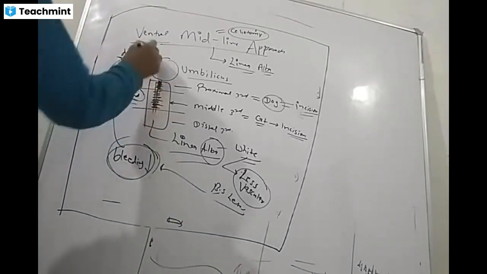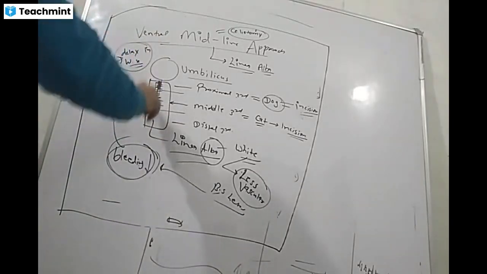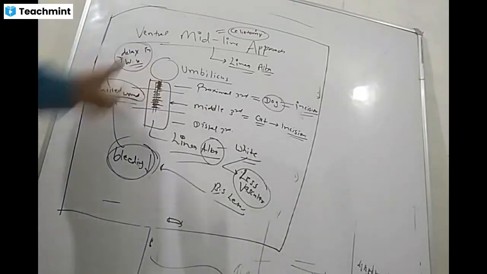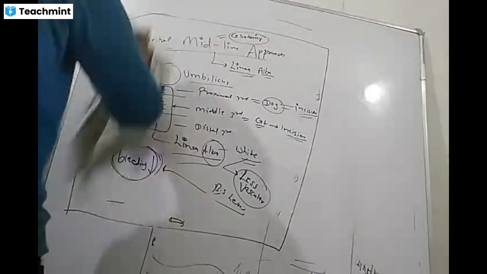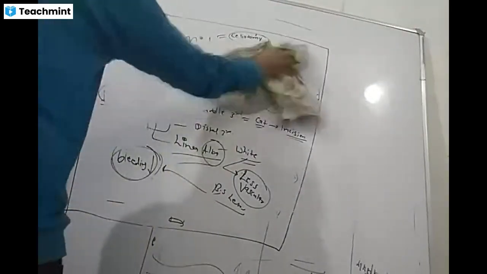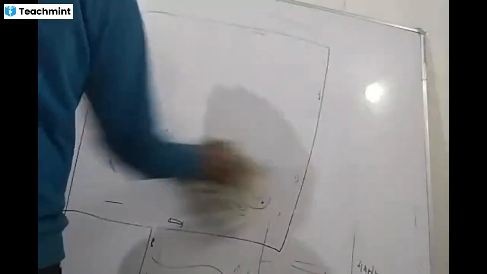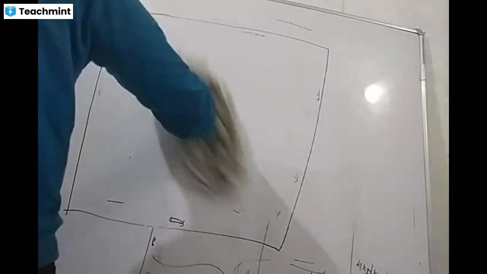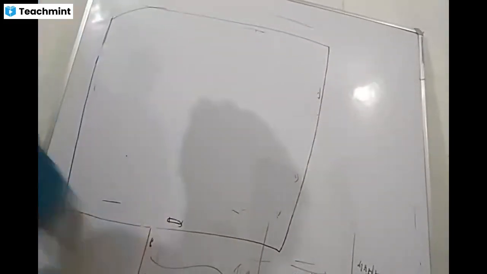This wound will heal with delay. And if the animal is more active, then the wound may dehisce. Dehiscence of wound means opening of the wound may occur because it is healing very slowly because of less blood supply. So there may be chances of dehiscence.